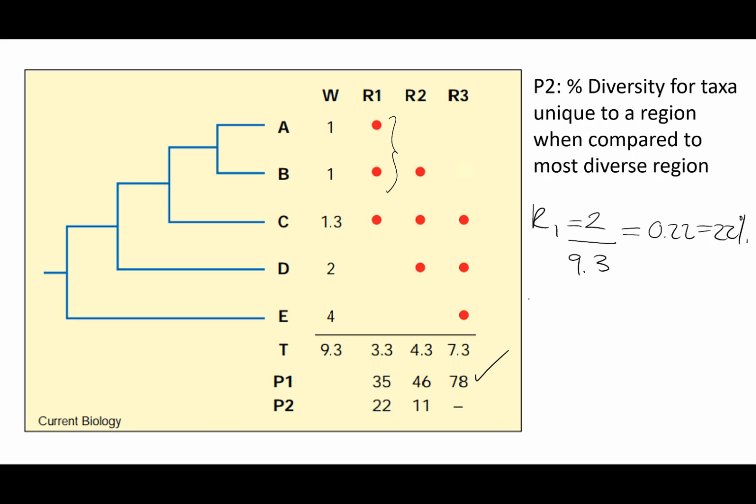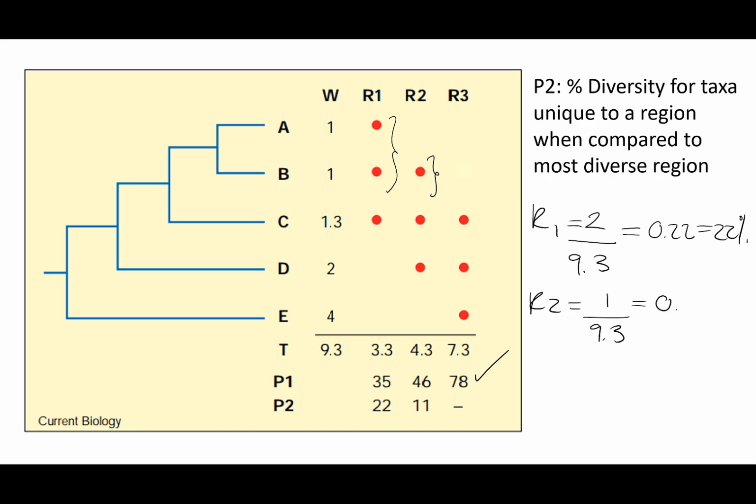Similarly, if we do the same thing with region 2 and compare it to region 3, what species are unique there? The only species that is found only in region 2 but not in region 3 is going to be species B, which gives us a score of 1 out of 9.3, which is the total taxic diversity score.